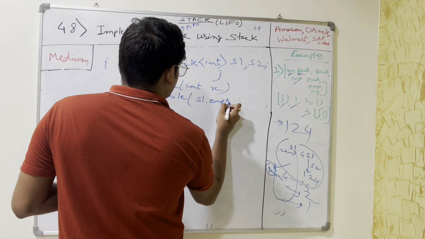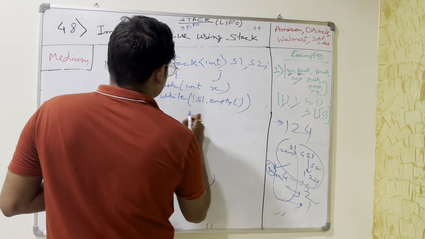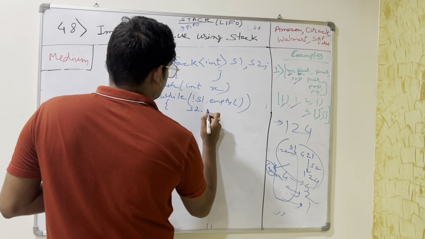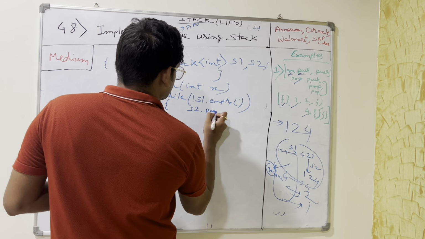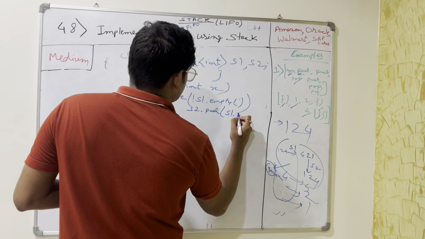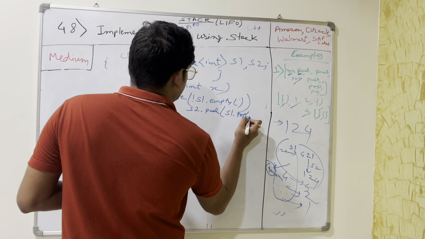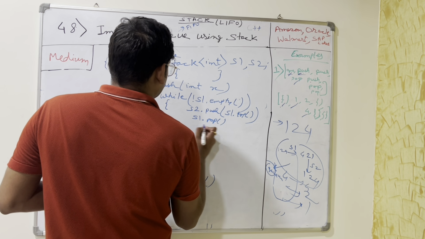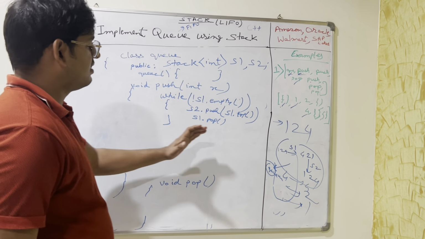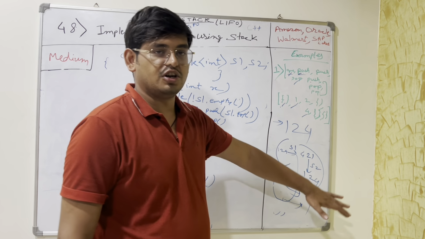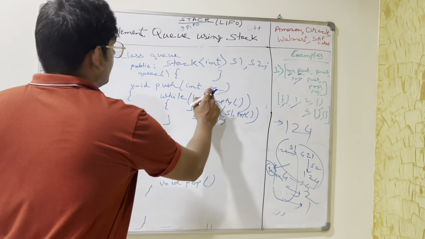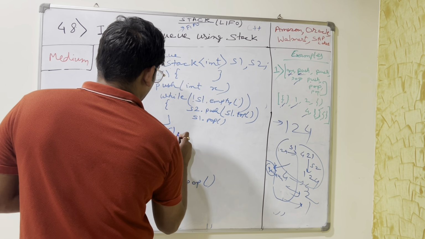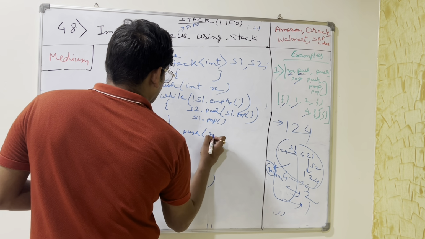While stack 1 is not empty, we push that into stack 2: s2 dot push s1 dot top, and s1 dot pop. So whatever was there in stack 1, we have pushed into stack 2. Now we have a new element, so we will push that to stack 1: stack 1 dot push x.